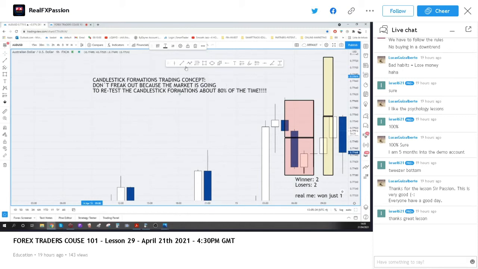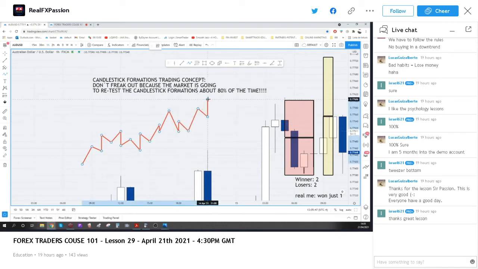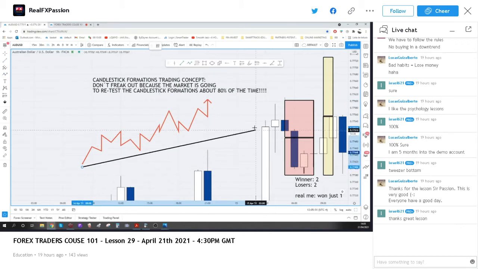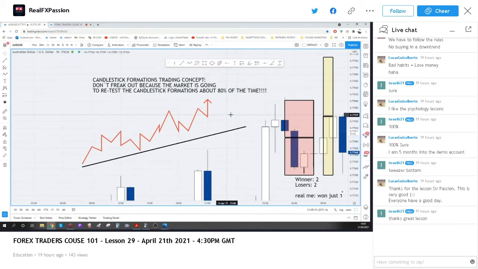So listen carefully, beginner traders. This is the market like this. This could be the 15-minute chart, 1-hour chart, 4-hour chart. So this is the market, and this is the uptrend line. See?